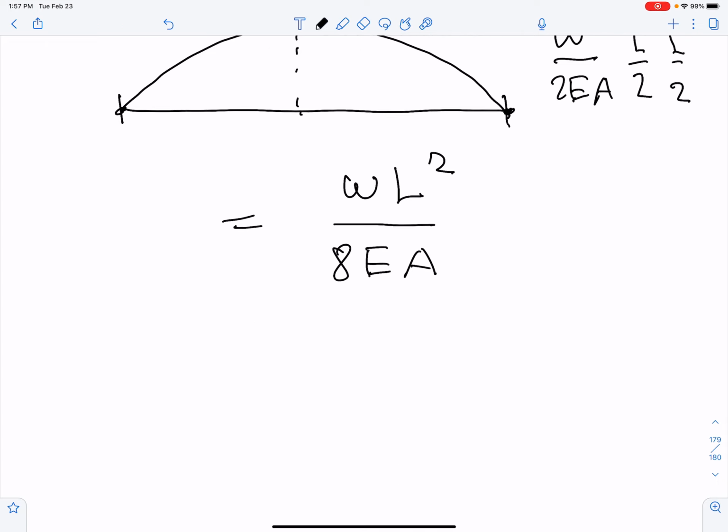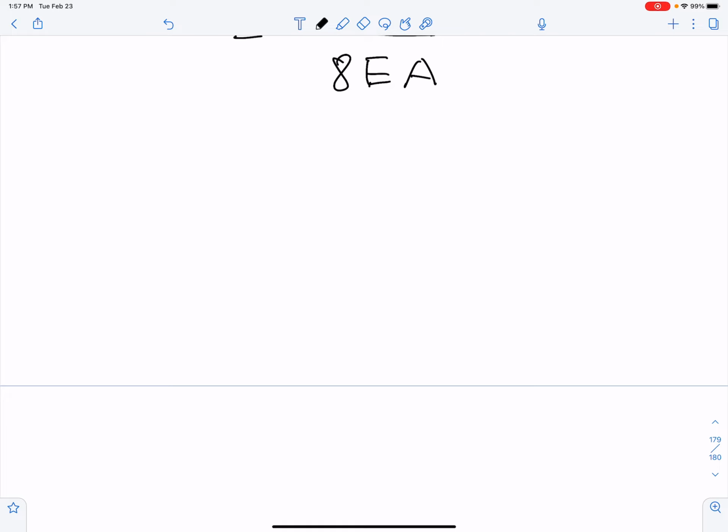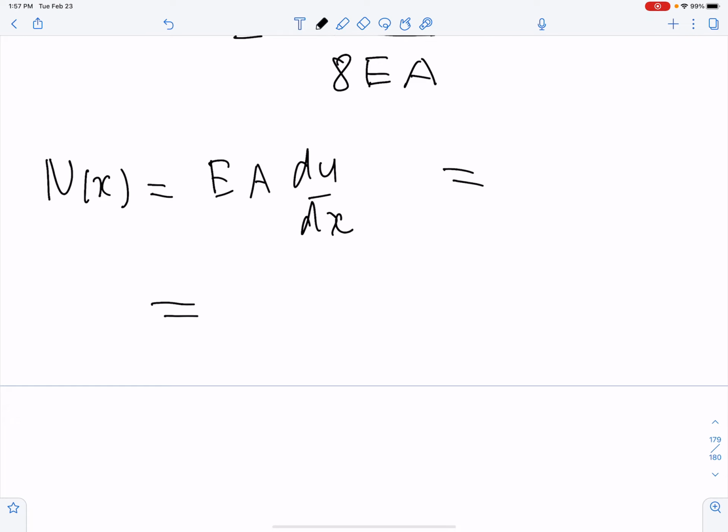Okay. Well, what's important here is not so much the displacement, but the normal force. That's the next thing we need. So if subjected to that load, the normal force is EA du dx, right? And if you carry out the math, you substitute the displacement from before, you get w over 2 times (L minus 2x), okay?